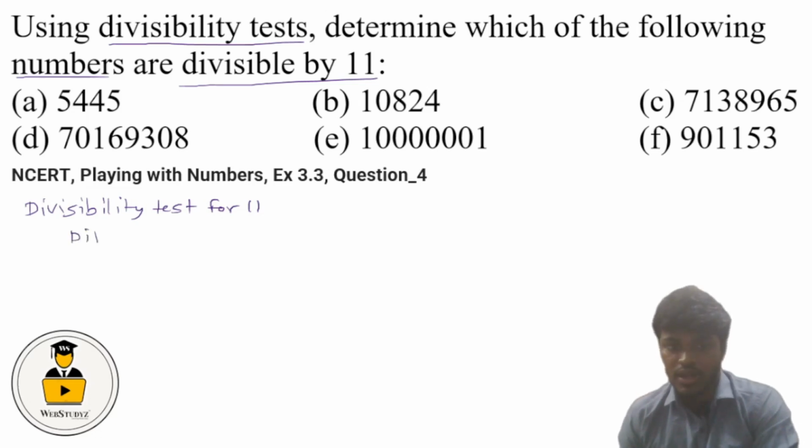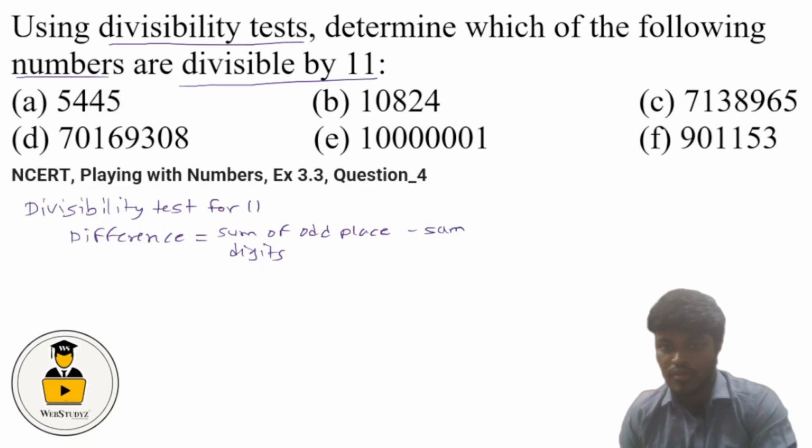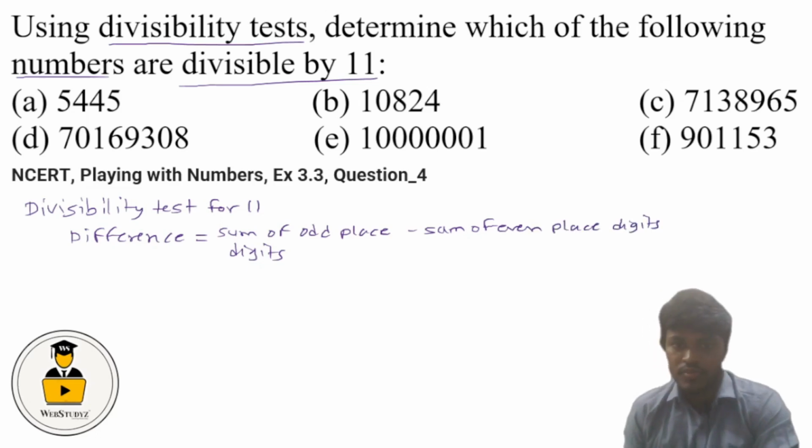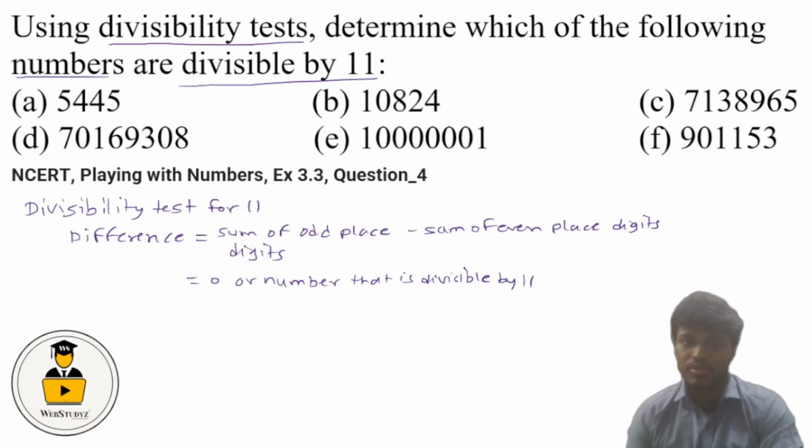So we find out the sum of odd place digits, and similarly we find out the sum of even place digits, and this difference should be either 0 or a number that is divisible by 11. Then we can say that the number is also divisible by 11.